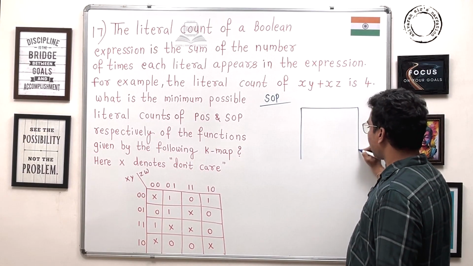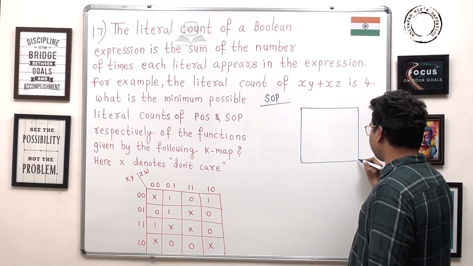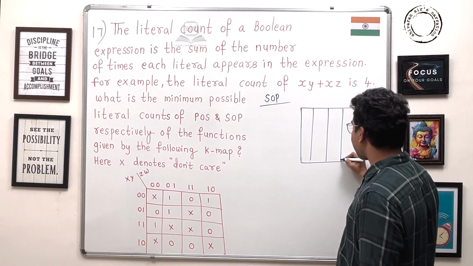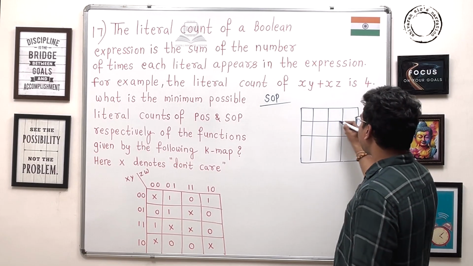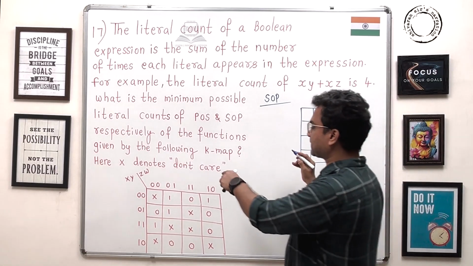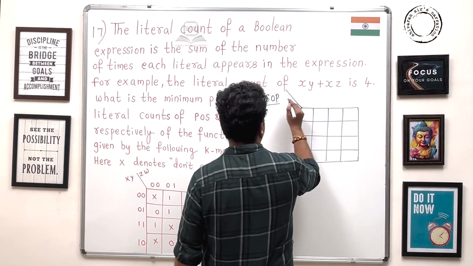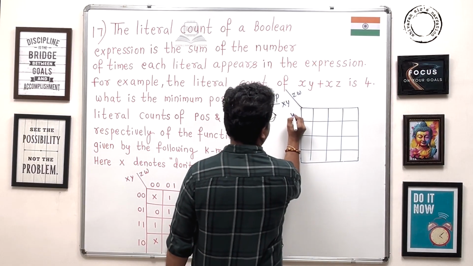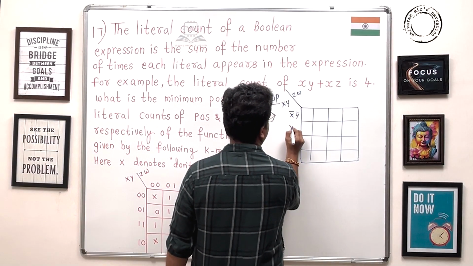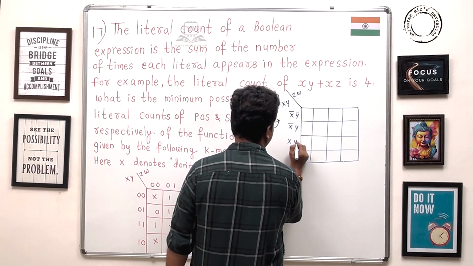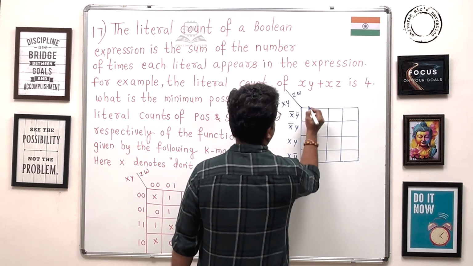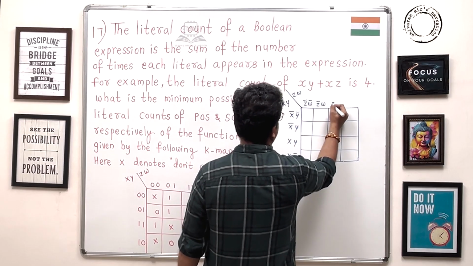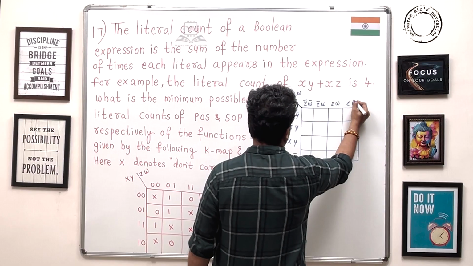Now let us take this. There is a 4 variable K-map. Now the representation is like this, xy, zw. Obviously this becomes x bar y bar, x bar y, xy, xy bar. Similarly, z bar w bar, z bar w, zw, zw bar.